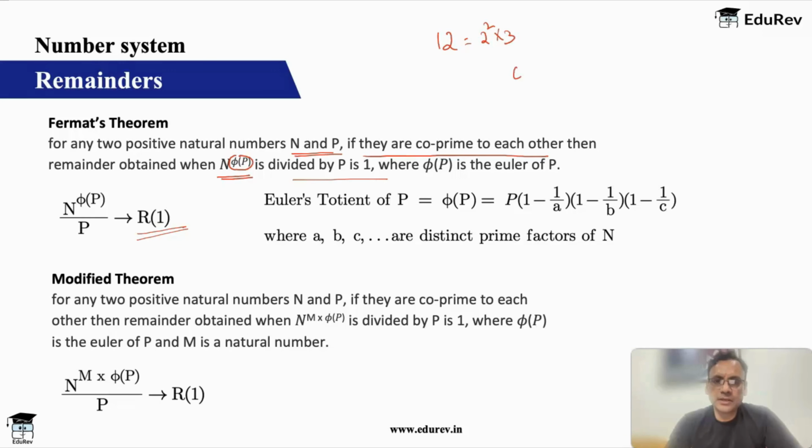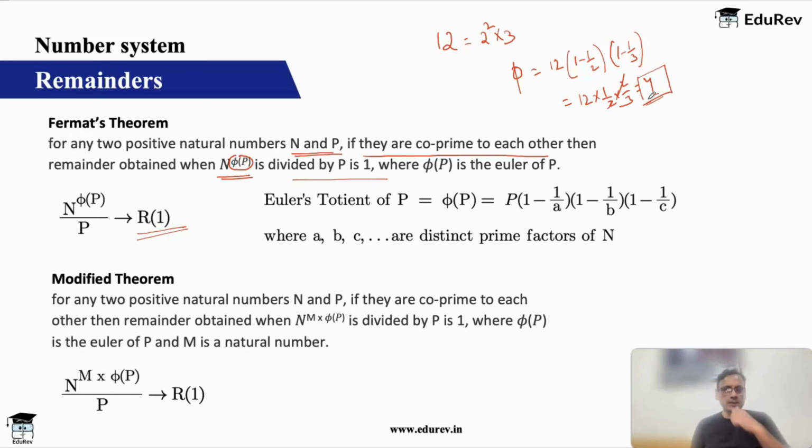So such a number, which we denoted by phi, will be equal to 12 into (1 minus 1 by 2) into (1 minus 1 by 3). So 12 into half into 2 by 3, which is 4. This number is called the Euler's totient.